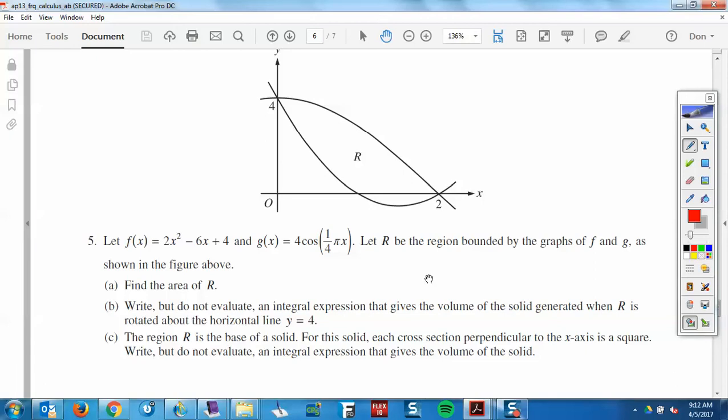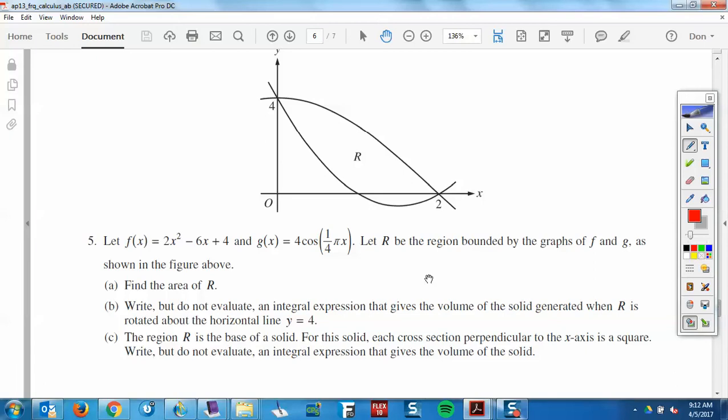Notice this is not a revolved solid or a rotating solid. You're going to have one type of volume problem where they say find the volume of the solid that is created when you revolve or rotate a region. Anytime you revolve or rotate, you're going to get a circle, right? Either a solid circle or empty space, so you have a washer. So you're going to get a circle slice or a washer slice when you revolve.